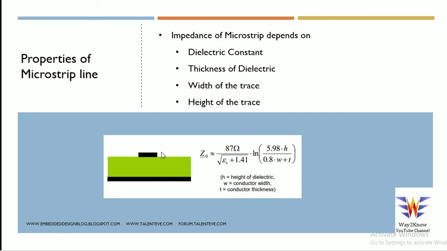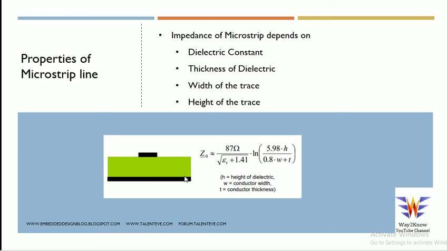So the impedance of this particular microstrip line depends on several properties. It is the dielectric constant of this particular PCB material, whatever material that we use, the green one we see here, and then the thickness of the dielectric, and then the width of the trace, the top trace which we are routing, and then the height of the trace.